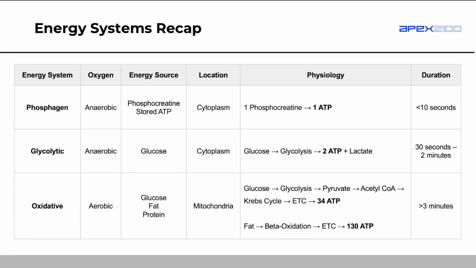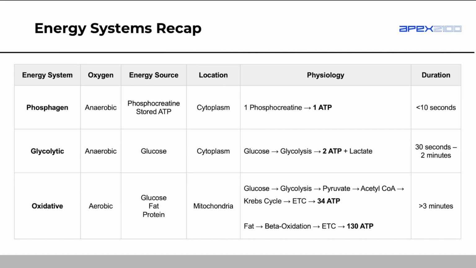Okay, so a bit of a recap here. Take your time, take a screenshot of this slide if you want. But the three primary energy systems in the body each play a unique role in producing ATP for different types of physical activity. Firstly, we had the phosphagen system, also known as the ATP-PCR system. This is anaerobic and it operates in the cytoplasm of the cell.